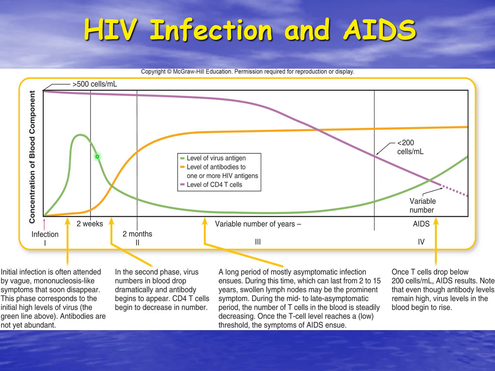This then will actually be incorporated and spliced into that cell's genetic code, where it remains unread for, again, this latent period of 2 to 30 years. Then all of a sudden, we start reading the viral code and making huge amounts of the virus and releasing them by lysing the T helper cell. So that's the reason that the levels of the T cells start dropping precipitously and the viral count actually starts increasing.